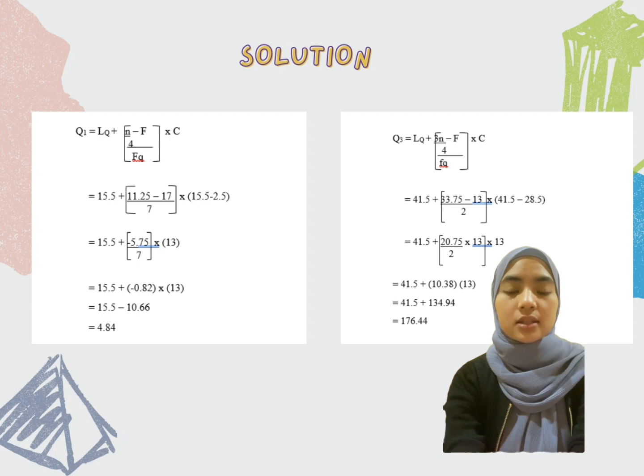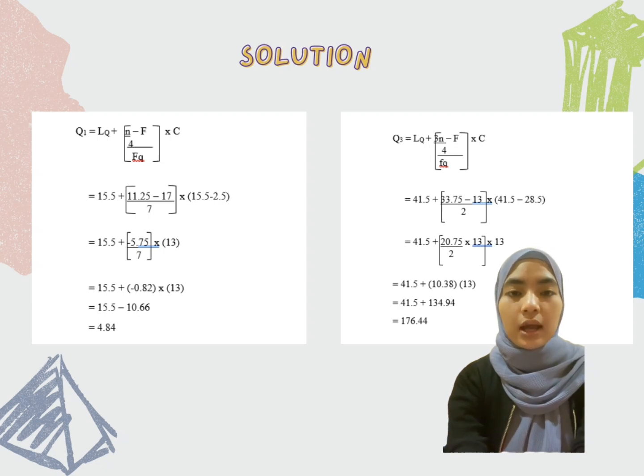The solution is Q1 equals n per 4 equals 45 per 4 equals 11.25. So the class interval is 3 until 15. Q3 equals 3n per 4 equals 3 multiply 45 divide 4 equals 33.75. Class interval 29.41.